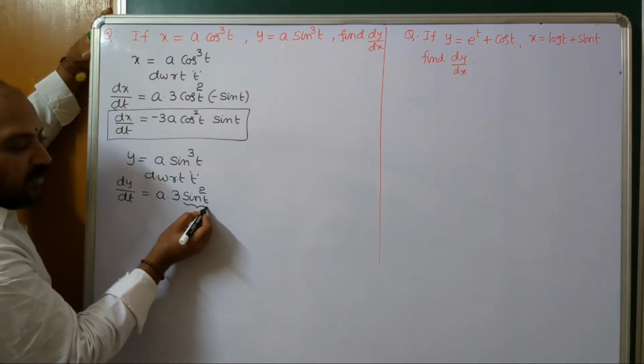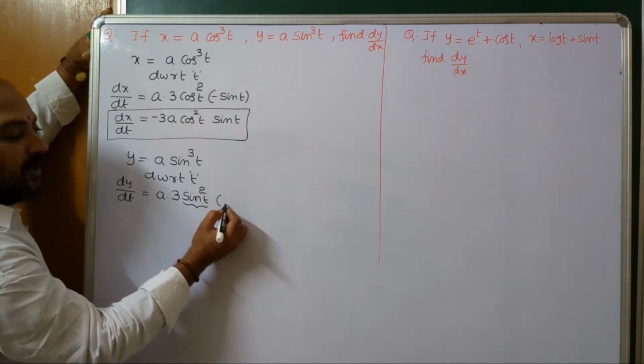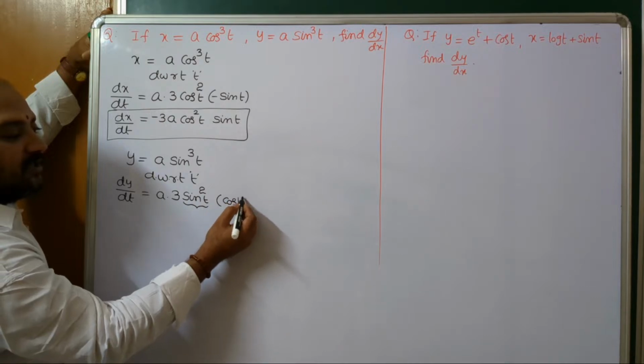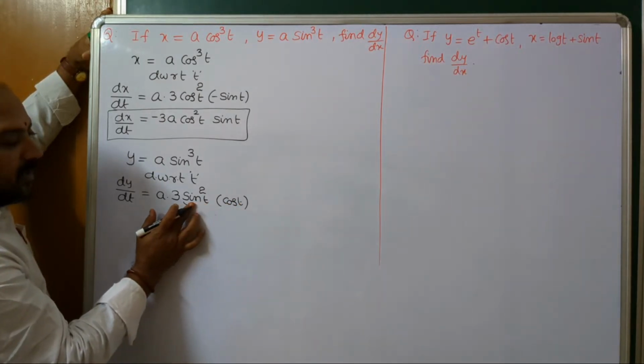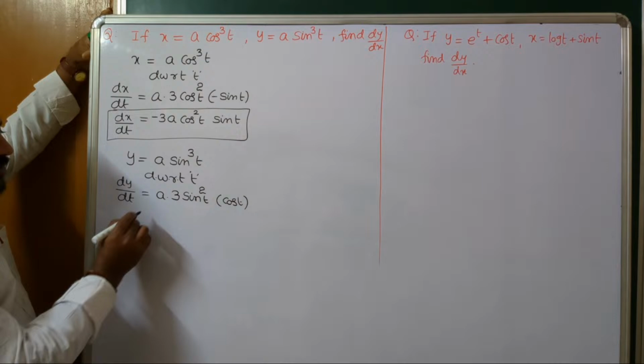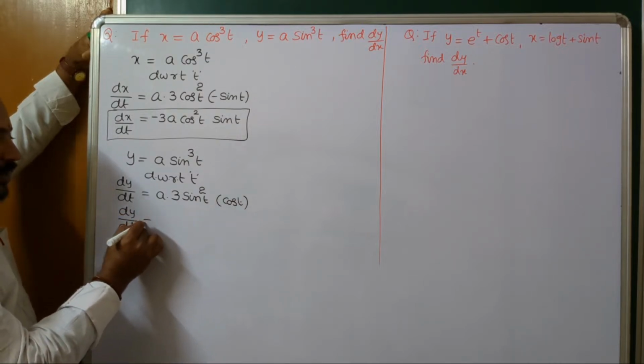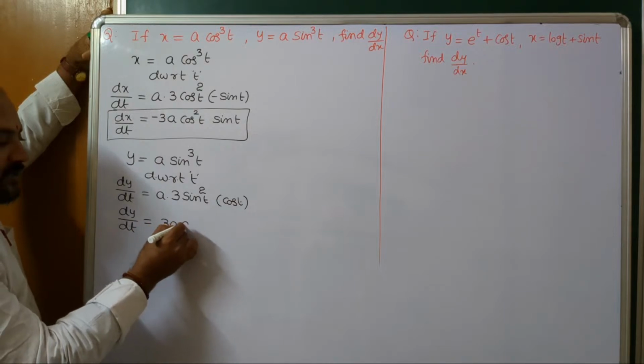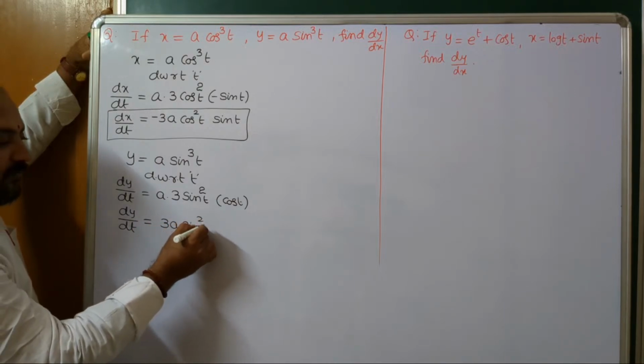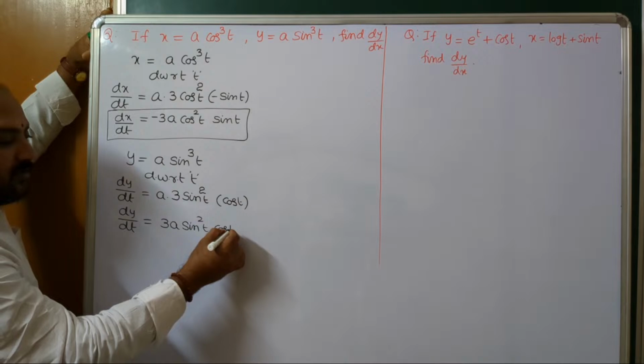Again sin t you have to differentiate. d by dt of sin t is cos t. Simplifying, dy by dt is equal to 3a sin square t into cos t.